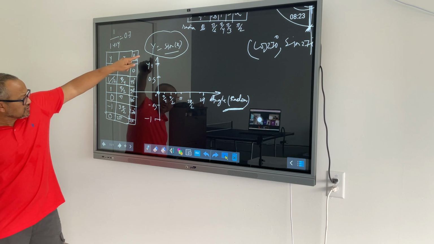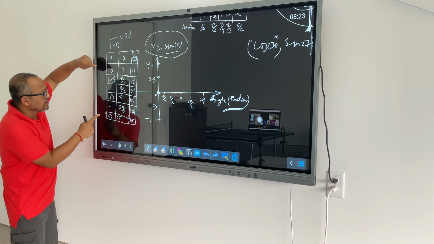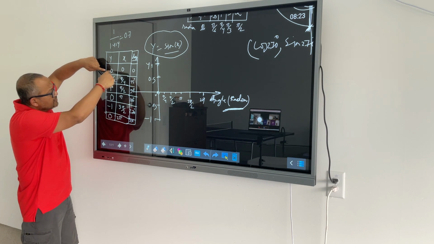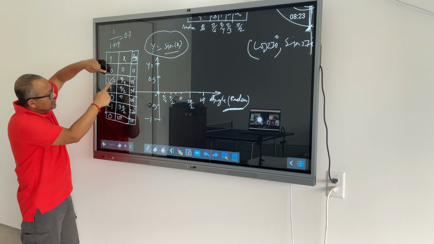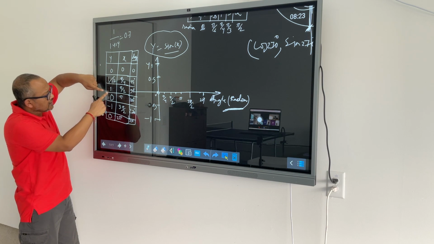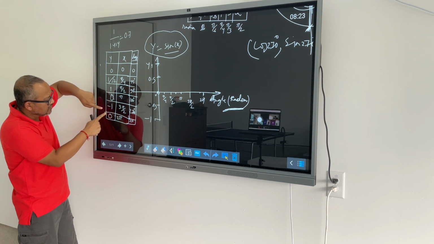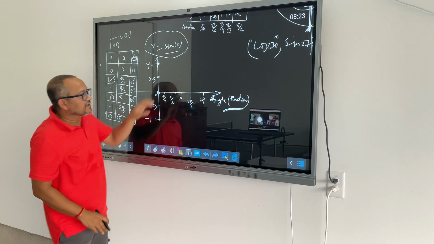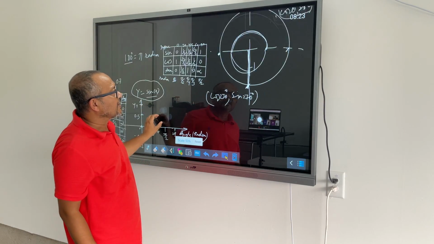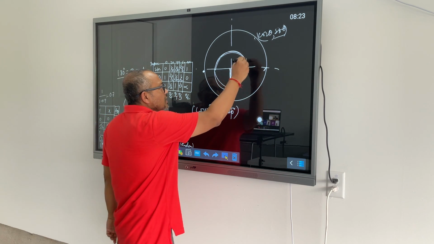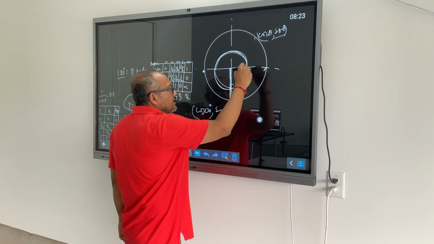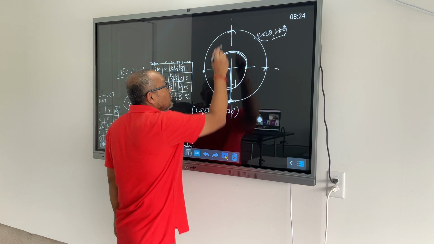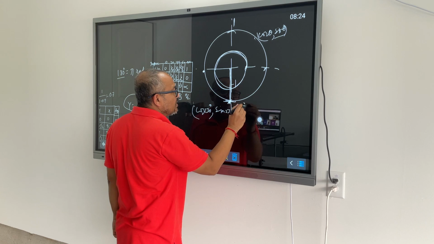And why I'm using these units, because you can see clearly when you are going from 0 to 360 degrees, your value of sine x starts from 0, goes to 0.7, goes to 1, again goes back to 0, to minus 1, and then goes back to 0. So the y value is oscillating between 1 and minus 1. Maximum value is 1, minimum is minus 1.